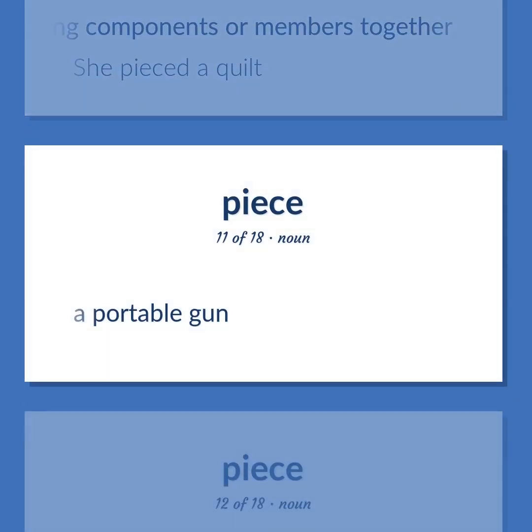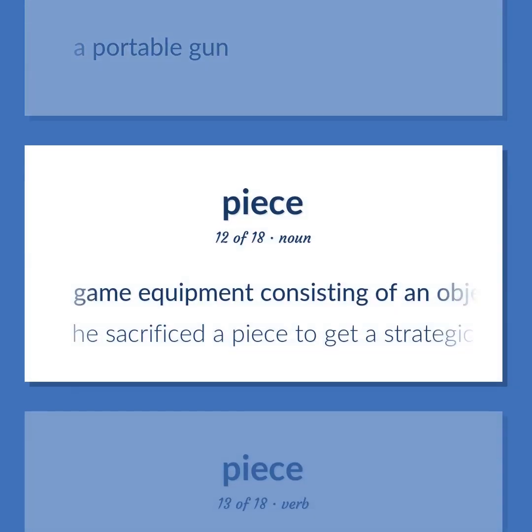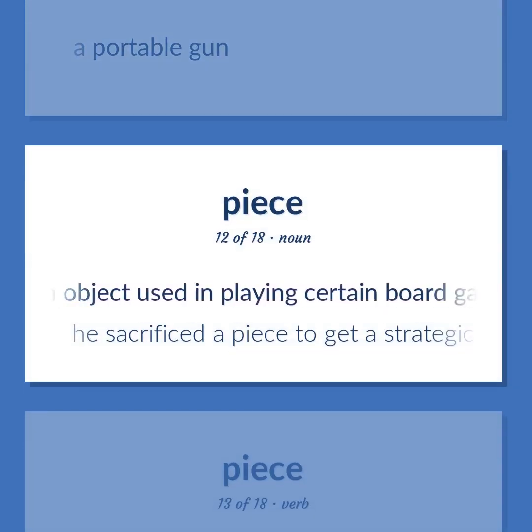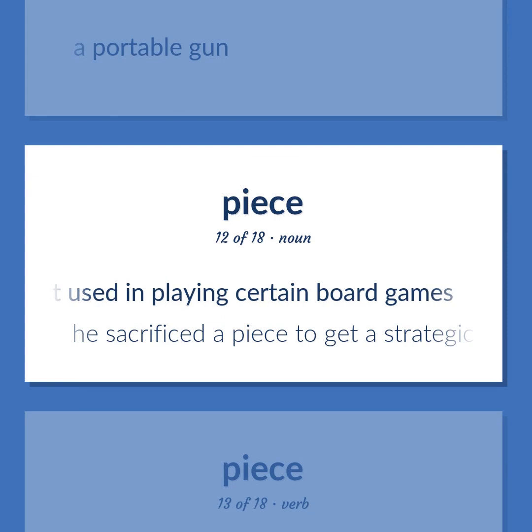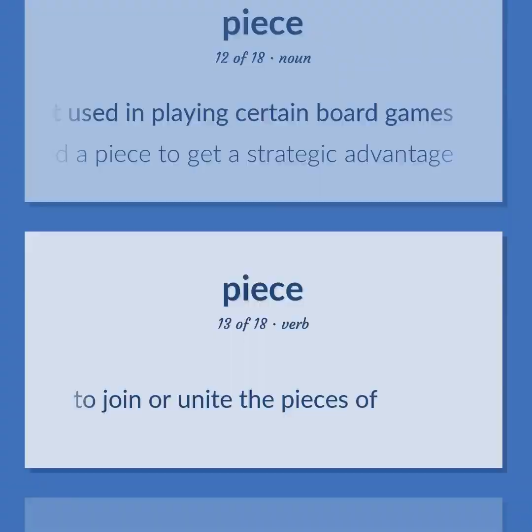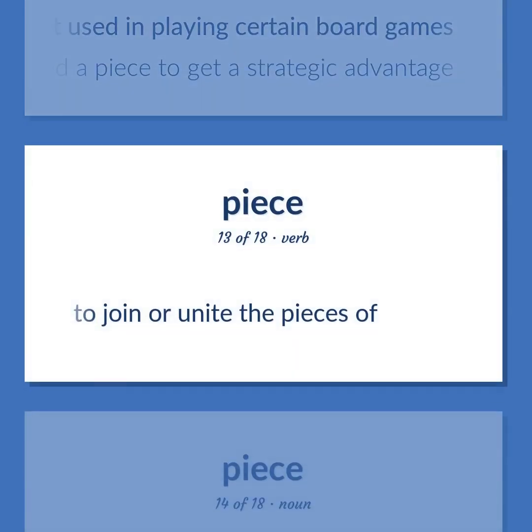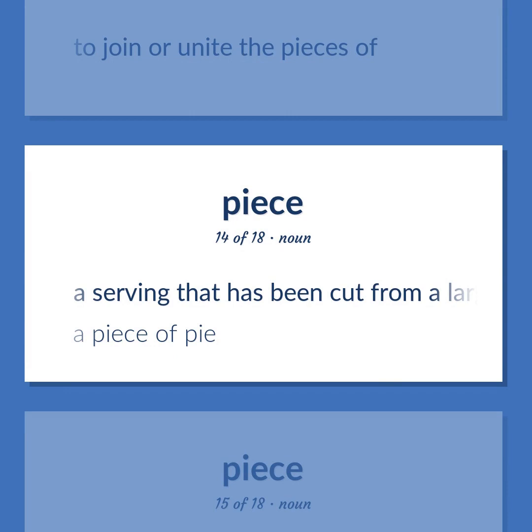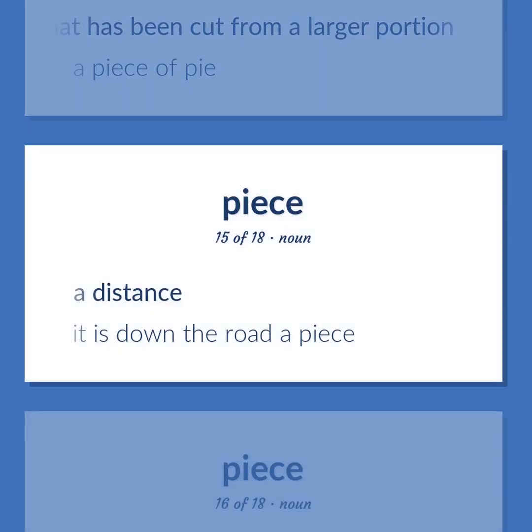A portable gun. Game equipment consisting of an object used in playing certain board games. He sacrificed a piece to get a strategic advantage. To join or unite the pieces of. A serving that has been cut from a larger portion. A piece of pie. A distance.